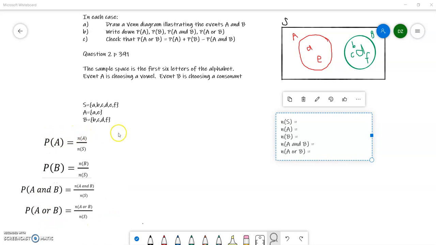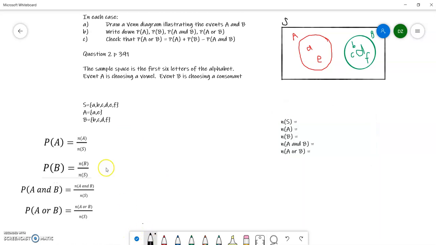So in general, the probability of something is the number of times you get a successful outcome compared to the number in the sample space, so you divide by the number in the sample space. So it's the number of elements in your event divided by how many elements are in your sample space.